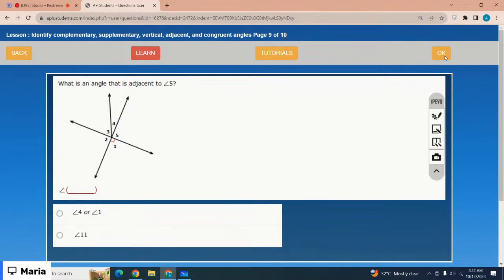Sorry, what is an angle that is adjacent to angle 5, right? Yes, they are angle 4 or angle 1. Here is angle 5, right? 4 is adjacent and 1 is adjacent.